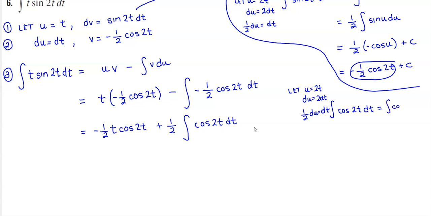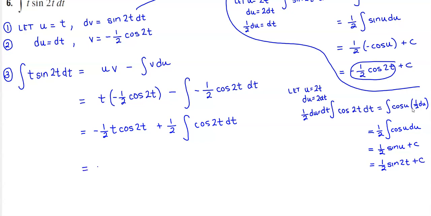So we have the cosine of u times 1/2 du. So we factor out the 1/2, and then we have the cosine of u du. And then what's the antiderivative of the cosine of u? Well, that's sine of u plus c. And so that is 1/2 the sine of 2t plus c.